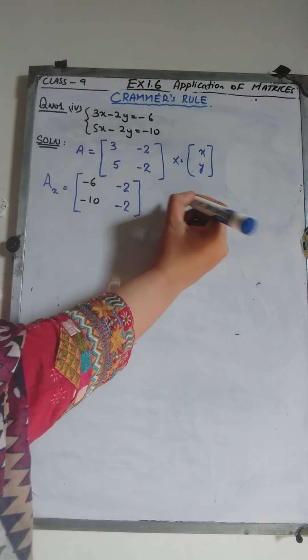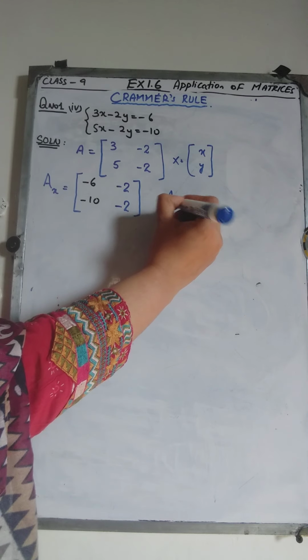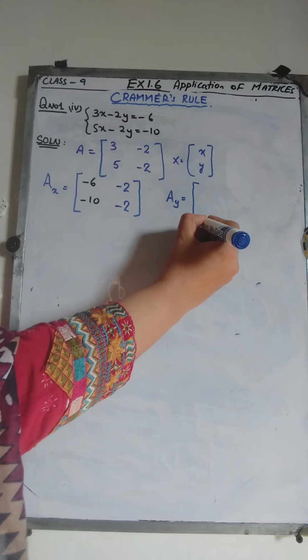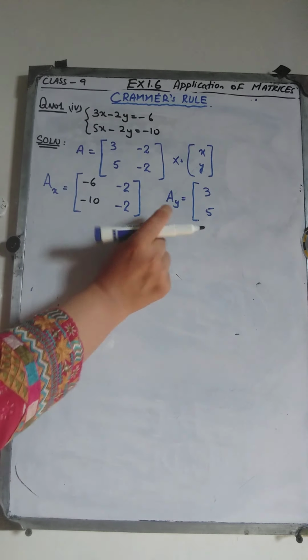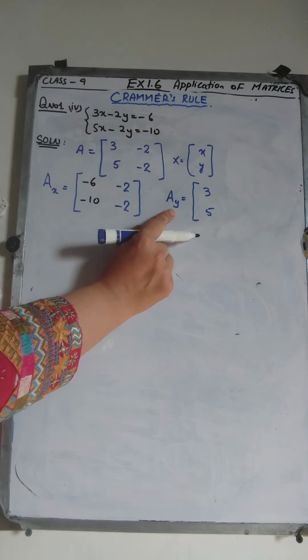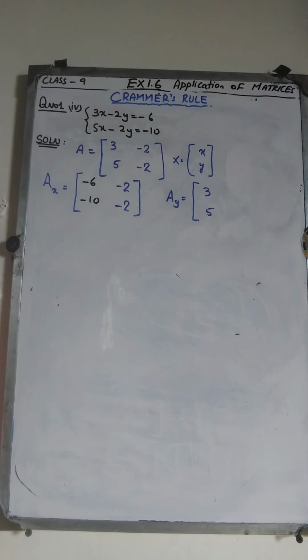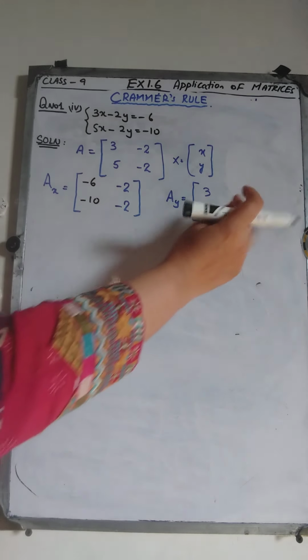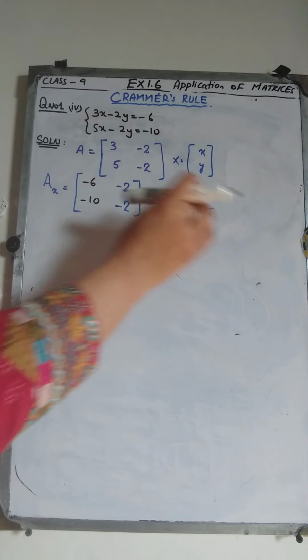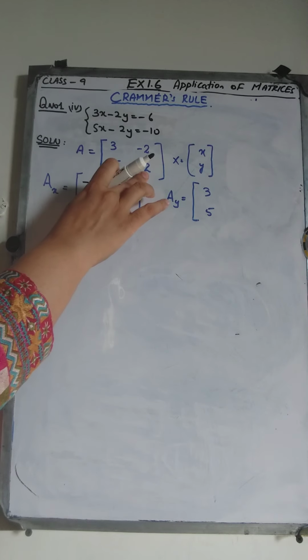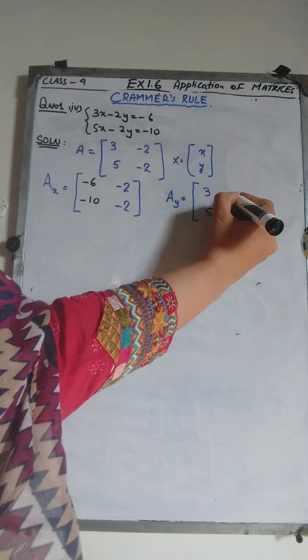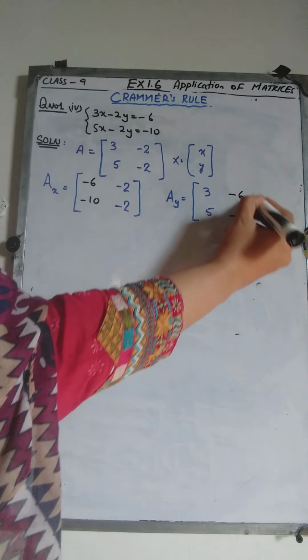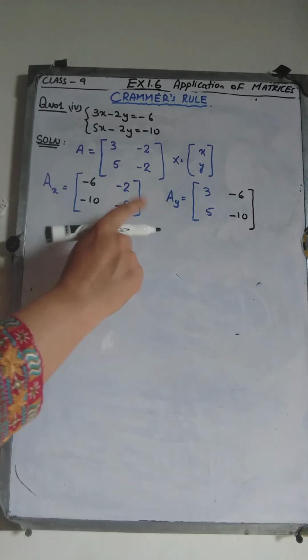Second, you define another matrix AY. Here you write the coefficients of x as they are, and replace the coefficients of y with the constants. So this is how we form these two matrices.